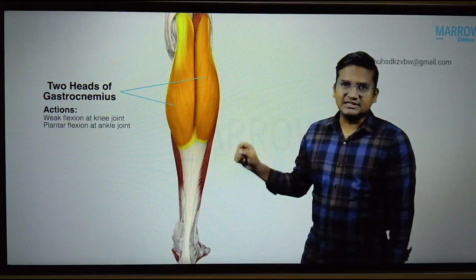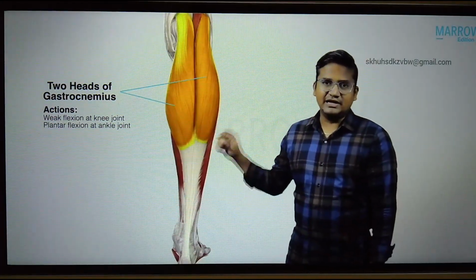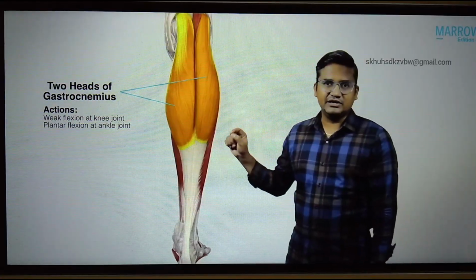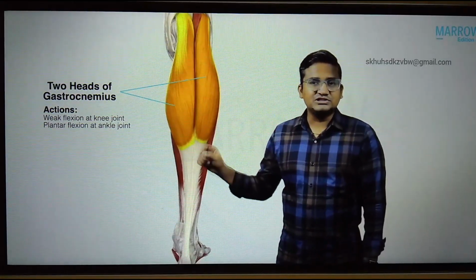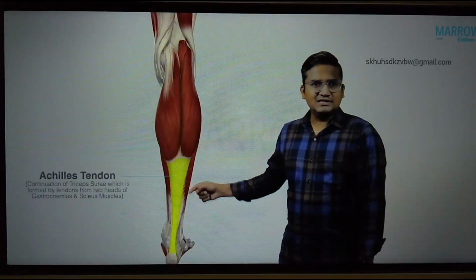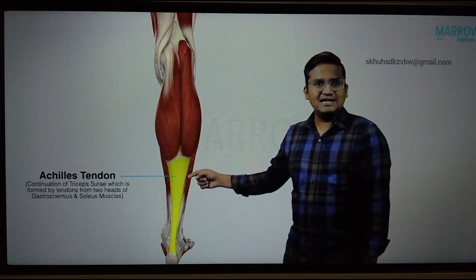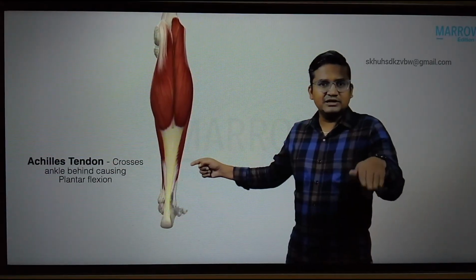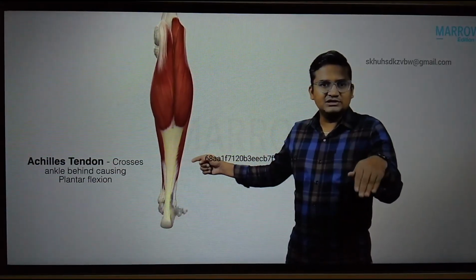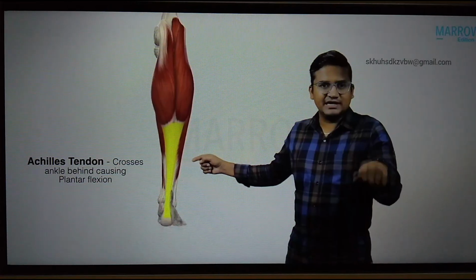I told you in the theory, it crosses the knee behind, it crosses the ankle behind. So this muscle also does weak flexion of the knee joint. The gastrocnemius muscle forms this tendon, Achilles tendon. It crosses the ankle behind, doing plantar flexion. The ankle joint is bending towards the plantar side.